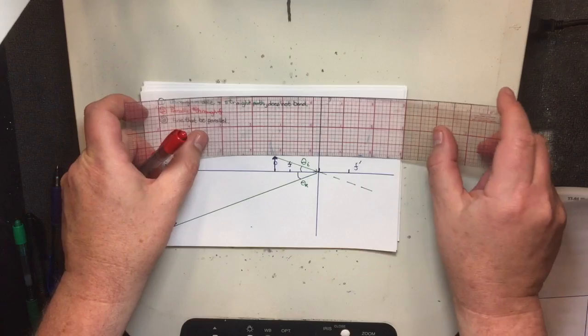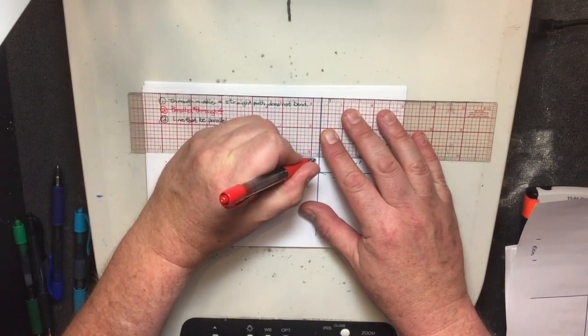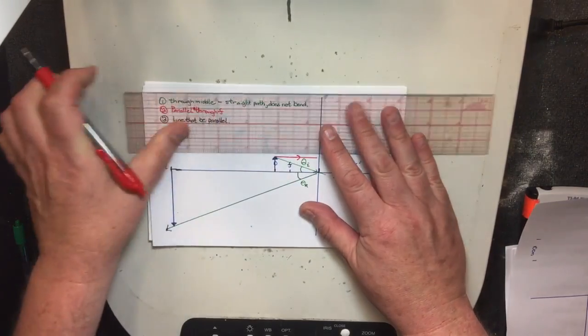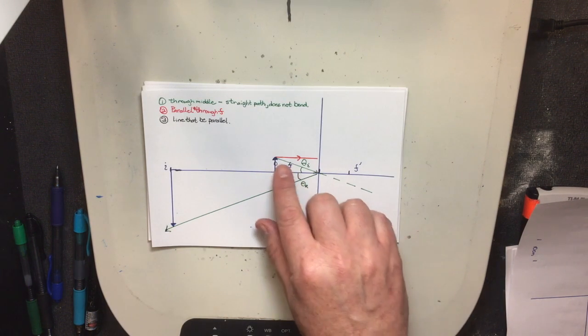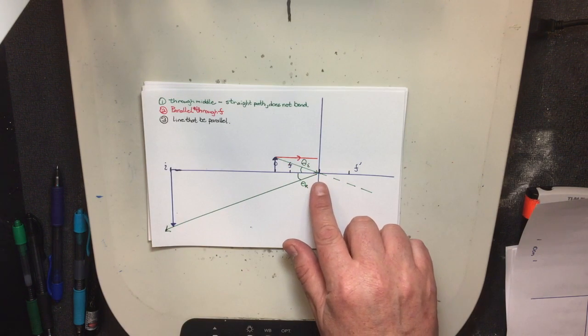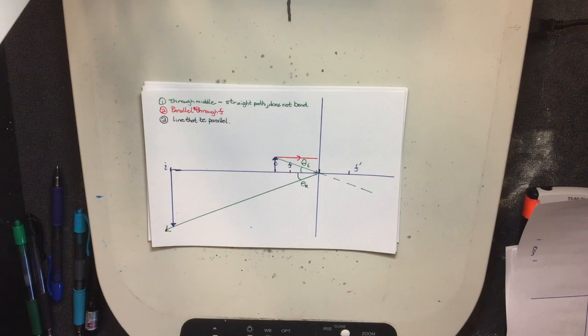So the next one is a light ray that starts parallel. This is how the light ray moves. The light ray hits the mirror, it reflects, and it goes to the image.